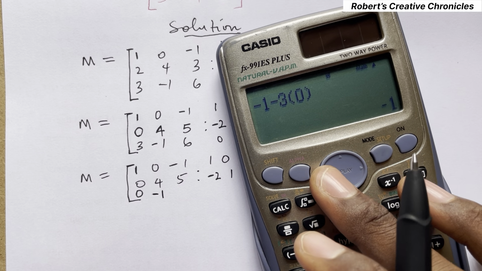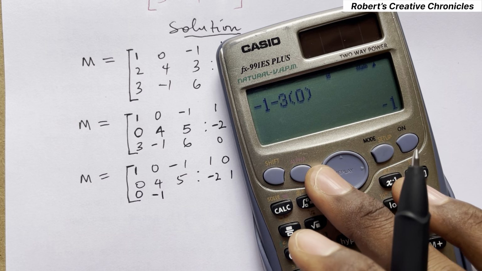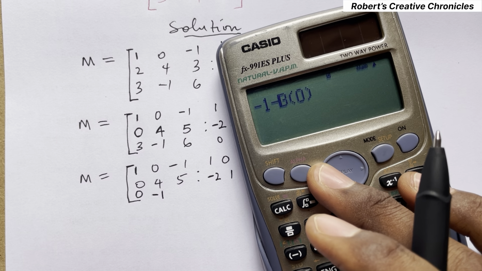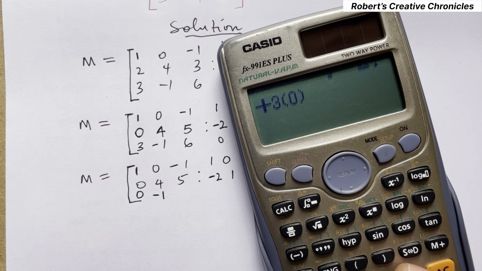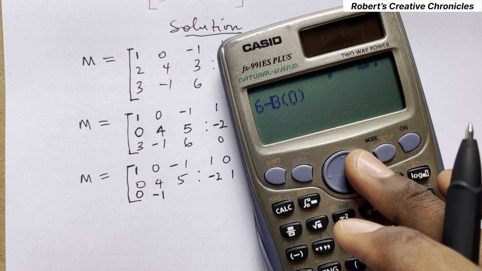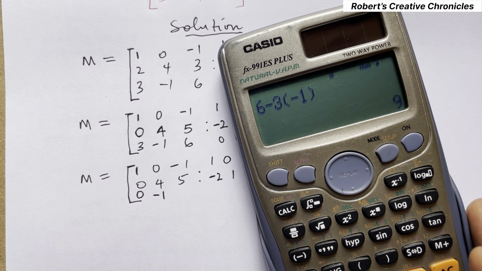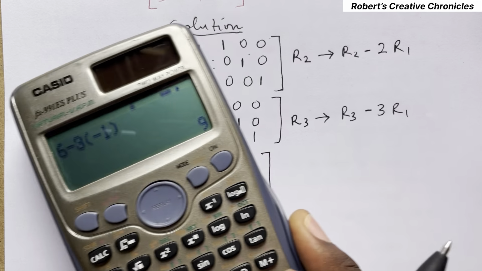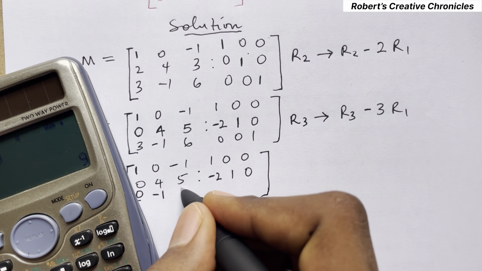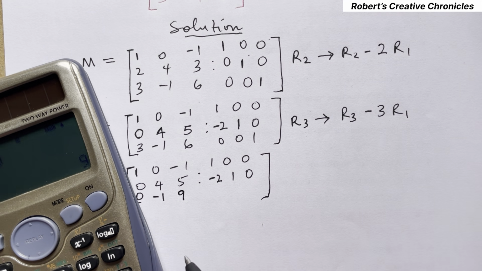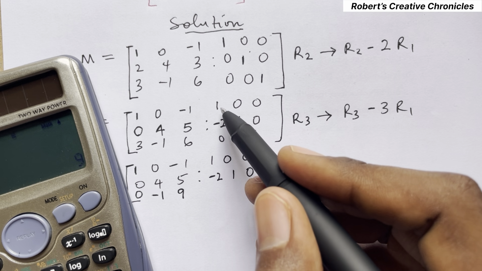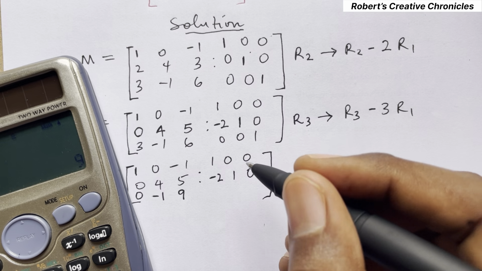Then the next one is 6 minus 3 times minus 1, which is 9. The next one is 0 minus 3 times 1, which is minus 3.